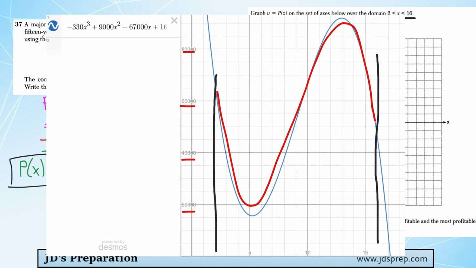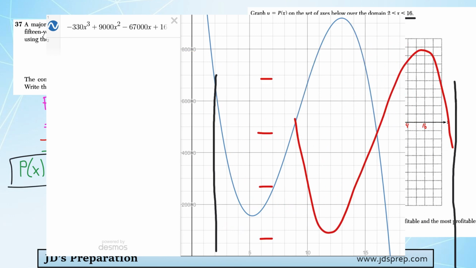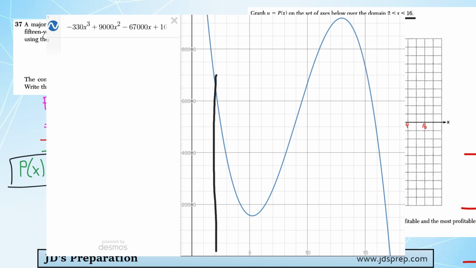So to draw this accurately on the test, what you would do with your graphing calculator is take a look at some of the table settings and see, okay, well, when x is equal to 2, what is y? So using that example, let me just move this stuff off to the side here.